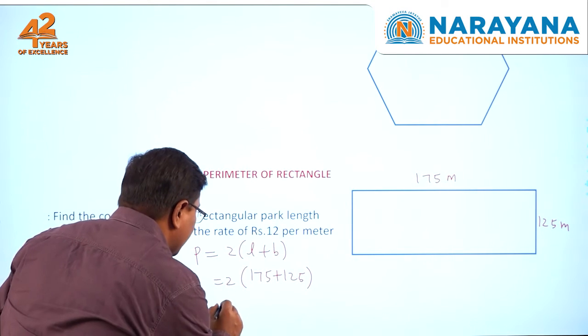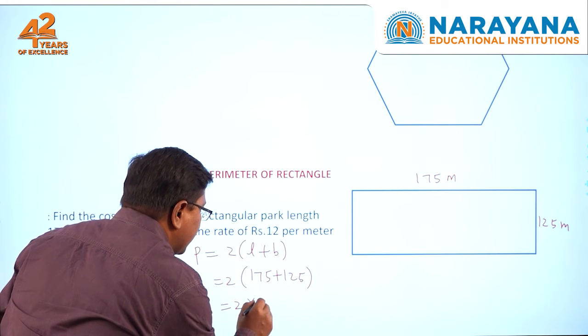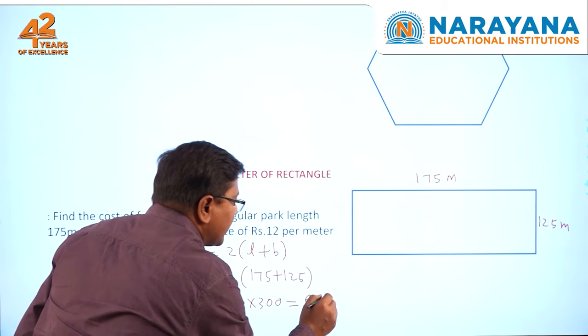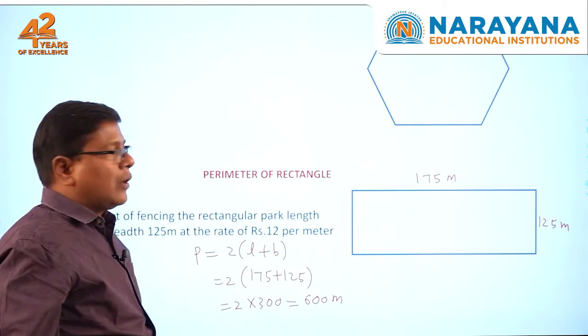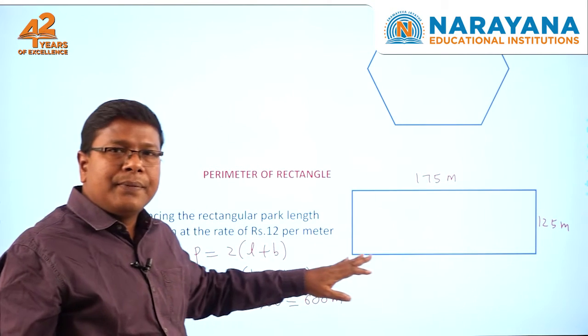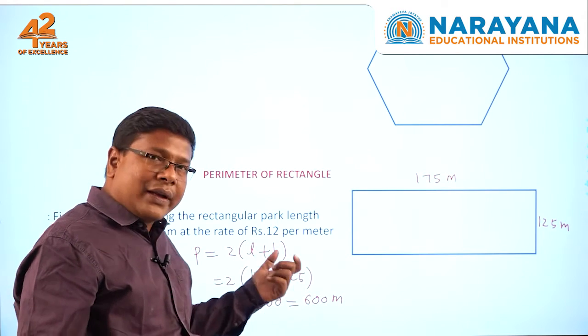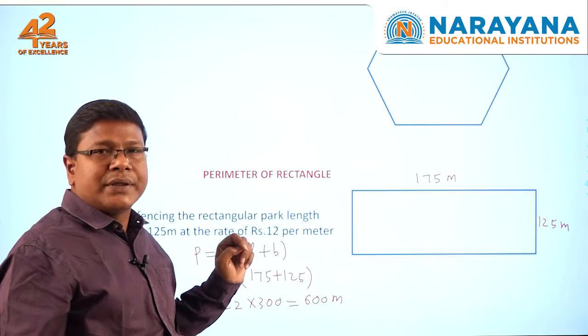That is 2 into 300, which is 600 total meters. Total, they need to fence 600 meters. But for each meter they are collecting 12 rupees.